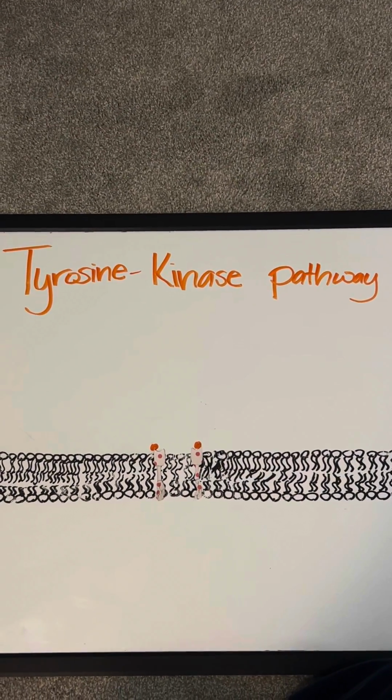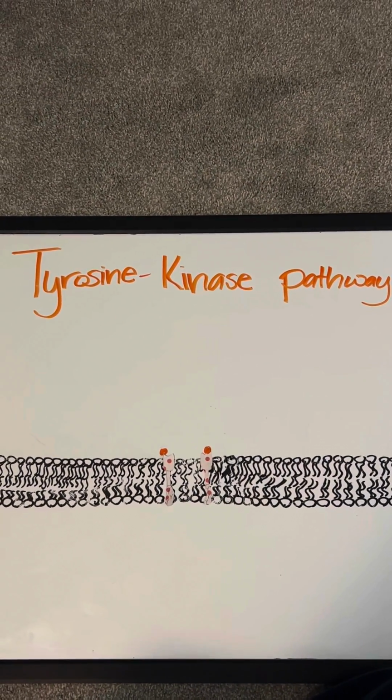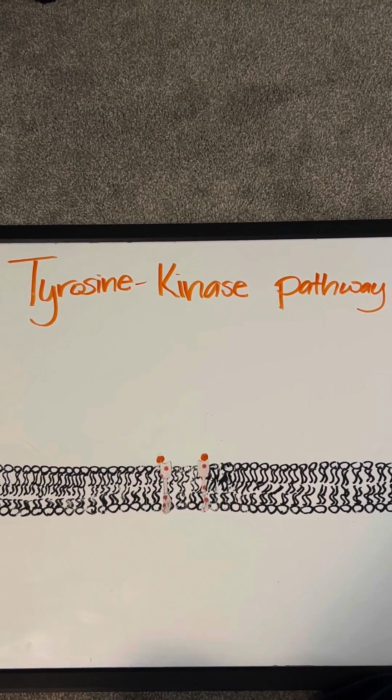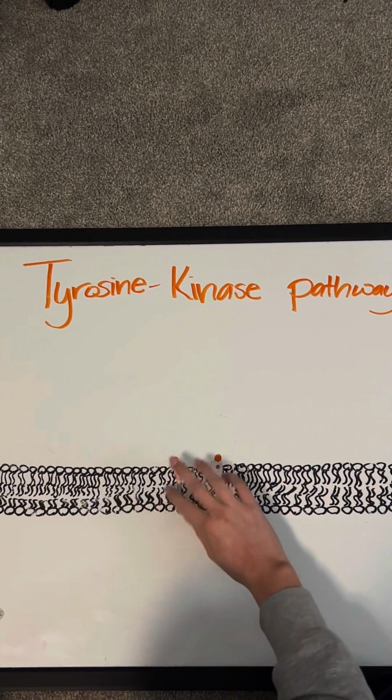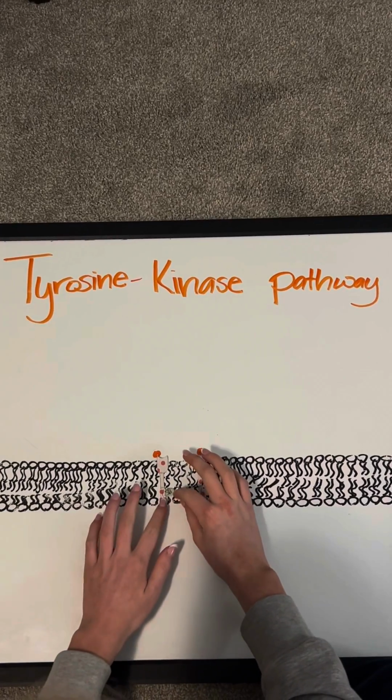Phosphates are added to the tyrosine residues on the intracellular domain of the receptors, which is basically just another way to say phosphorylation.